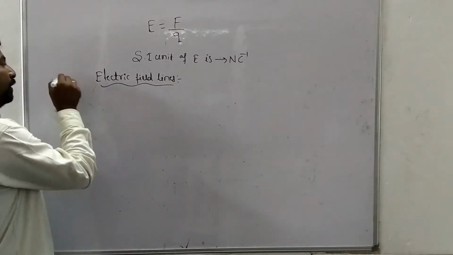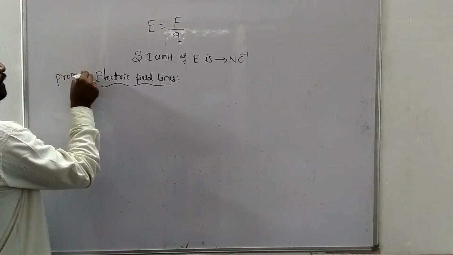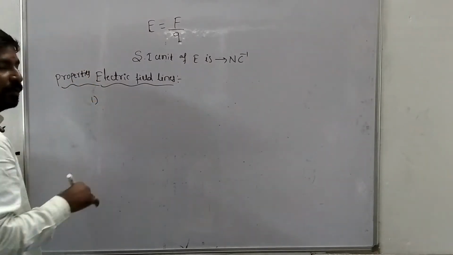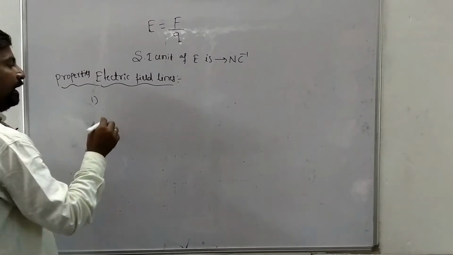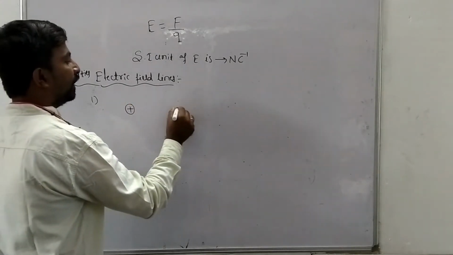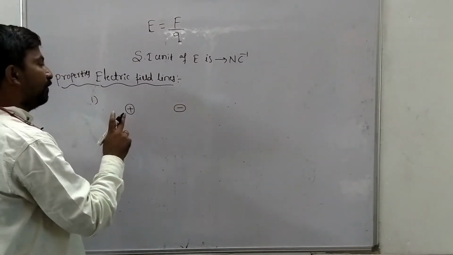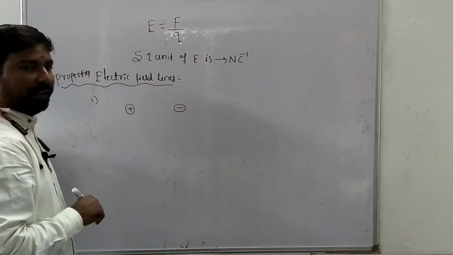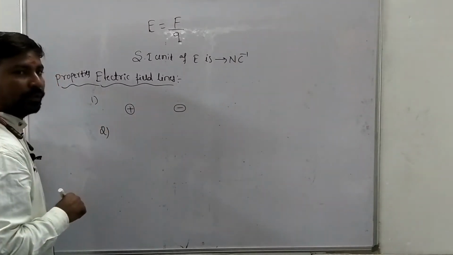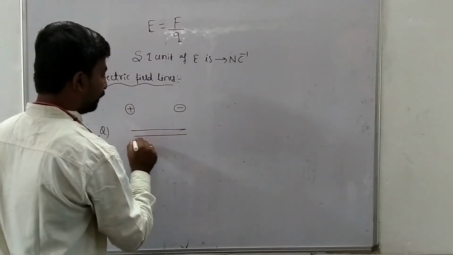The properties of electric field lines, one by one. First property, they always start from a positive charge and end on a negative charge. Second property, electric field lines cannot intersect with each other.